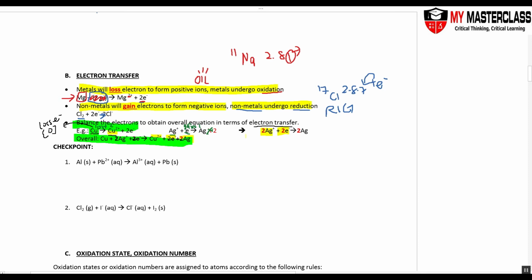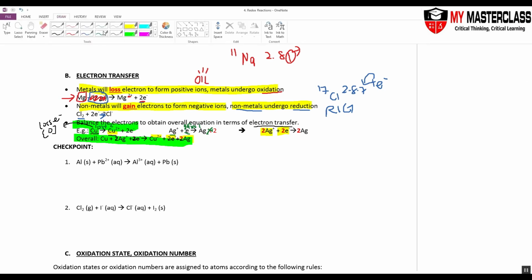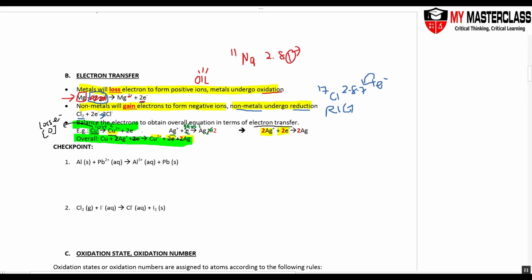After you balance it out, you look at things that appear on both sides, which is my 2 electrons. The electrons are transferred from here to here. Since they appear on both sides, I can cancel them. So your overall equation will be Cu plus 2Ag+ give you Cu2+ plus 2Ag.